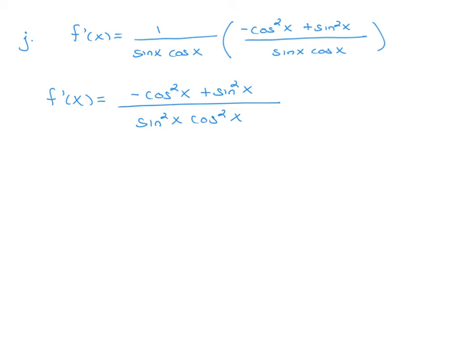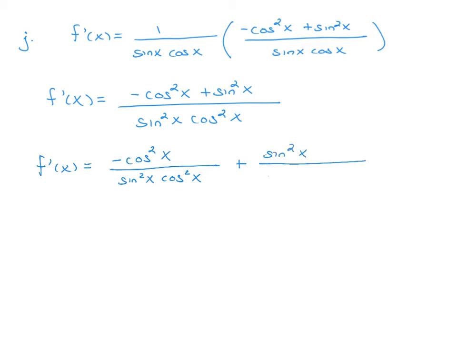So f prime of x is equal to, well, this is negative cosine squared x over sine squared x cosine squared x plus sine squared x over sine squared x cosine squared x.